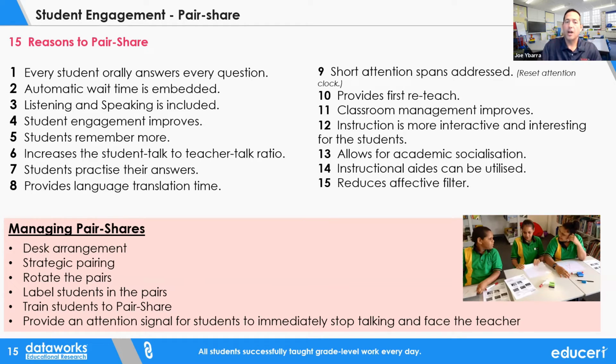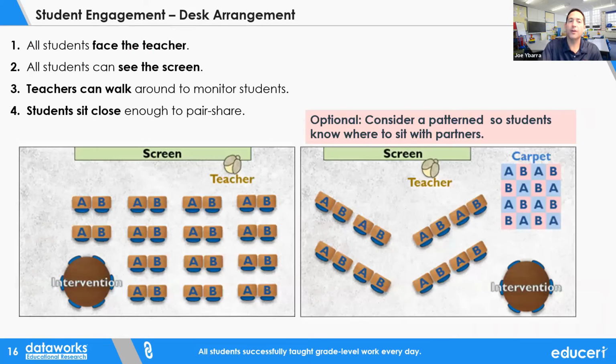I want to make sure of some ways to go over and set up your pair share is really think about your desk arrangement, how you even think about setting up your classroom. I would recommend labeling your desk so everyone knows who their pair share partners are, so they can turn. I know when I taught, I mainly taught 5th, 6th, 7th, and 8th grade.